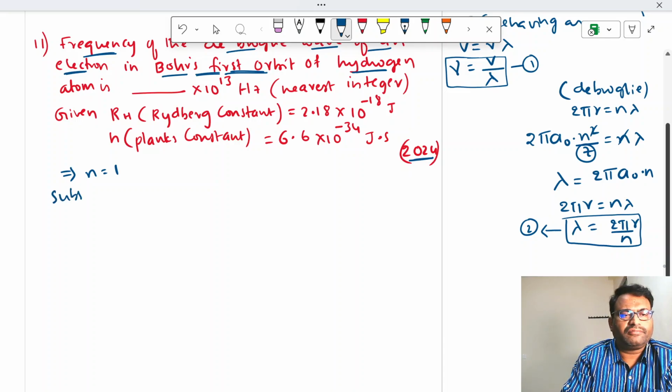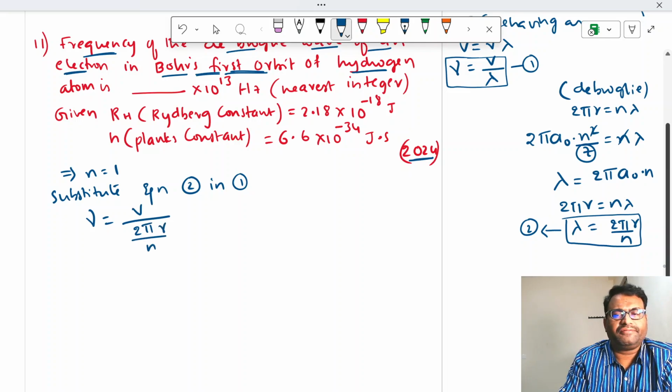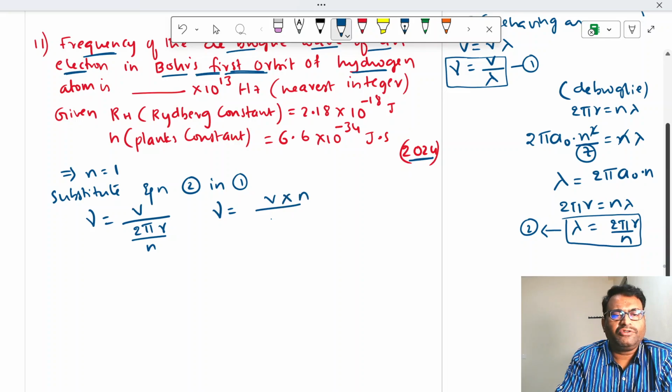Substitute equation 2 in 1. Then nu is equal to V by lambda, where lambda is given by 2 pi r by n. So nu is equal to V into n by 2 pi r.